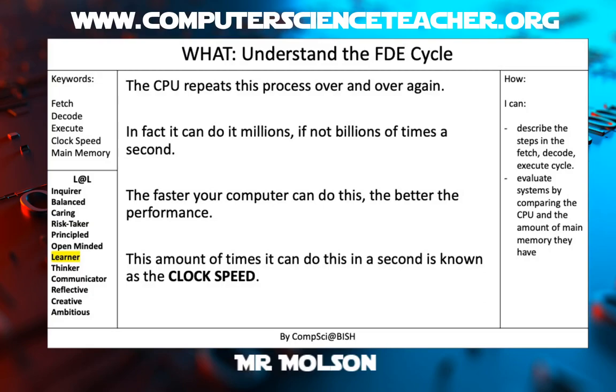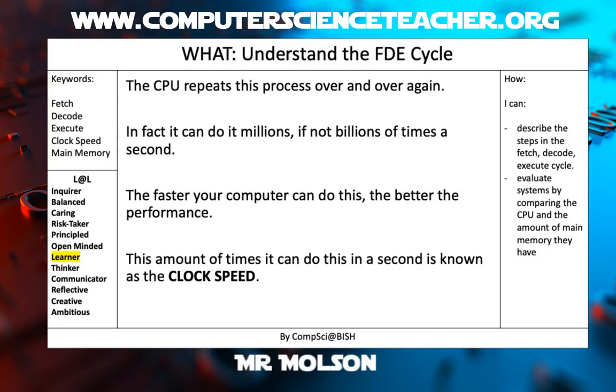It's just unbelievable for me. Of course, the faster your computer can carry out that fetch, decode, execute cycle, the more times it can do that in a second, the better the performance of your computer.